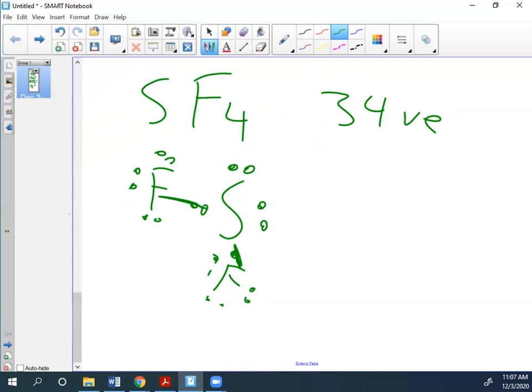There's still 2 left to add, isn't there? This one has to violate the octet rule. There's no possible way to draw this not violating the octet rule, is there? So what I'm going to do is called splitting. I'm going to split 1 pair of electrons in this one, okay? So I'm going to put an F off of this electron.